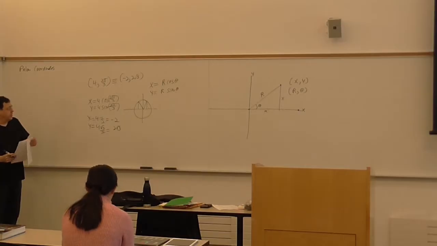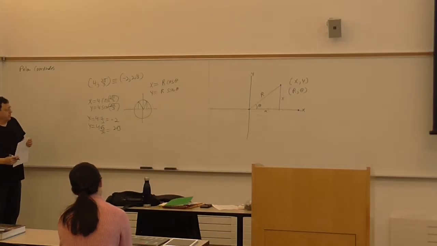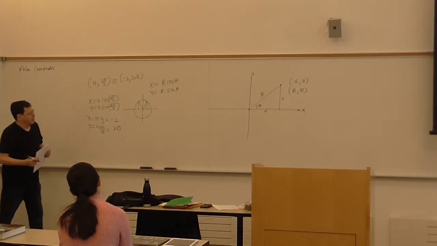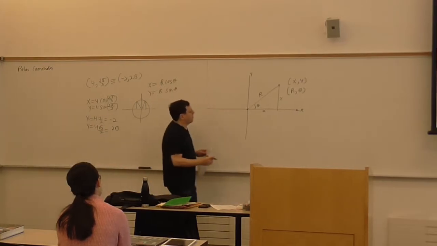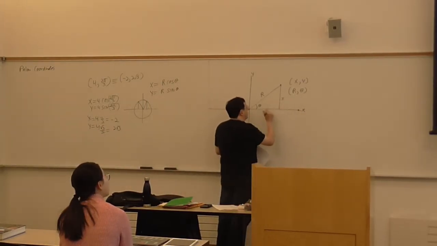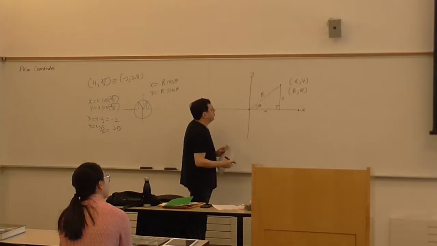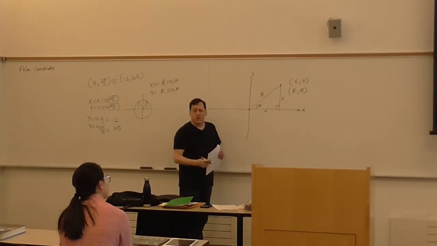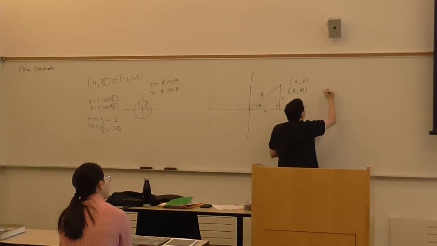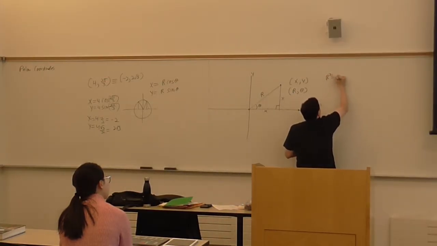Converting in the other direction is pretty simple, but not quite as straightforward. We can see, since this is a right triangle, using the Pythagorean theorem, we can see right away that r squared equals x squared plus y squared.